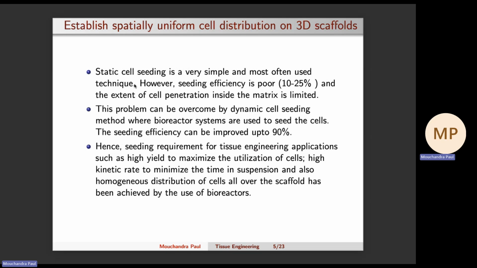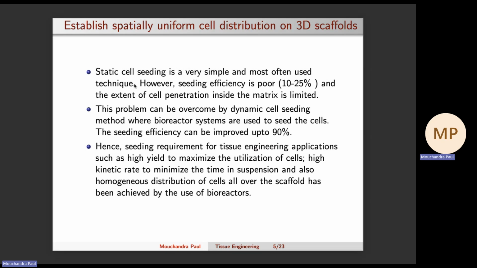Then we allow the scaffold to become submerged in a higher volume of media and give the cells time to grow. So what we expect, say after 48 hours or 72 hours, is that the cells will migrate through the pores of the scaffold and distribute themselves within the bulk of the scaffold.